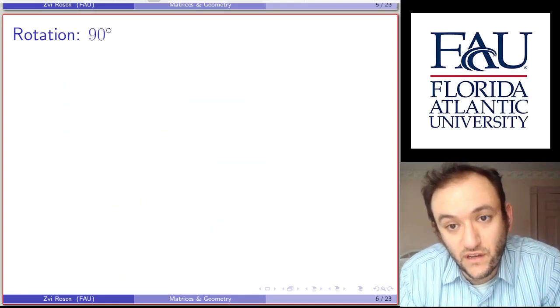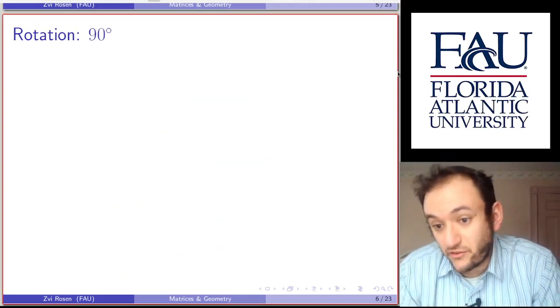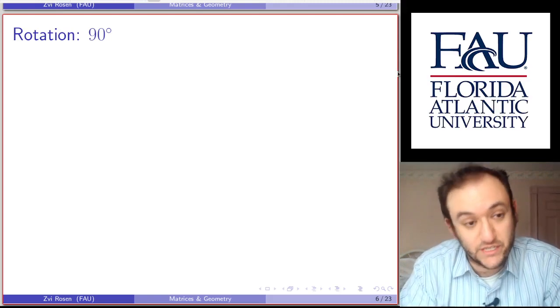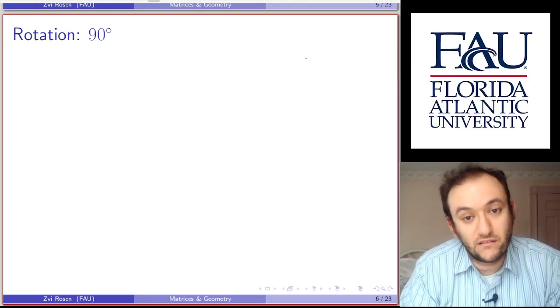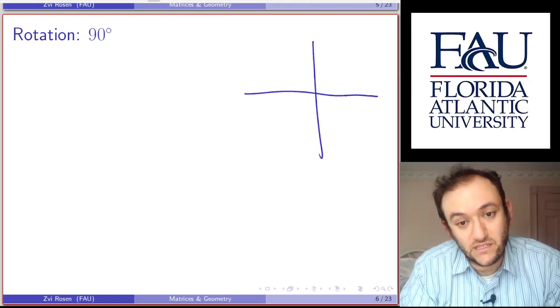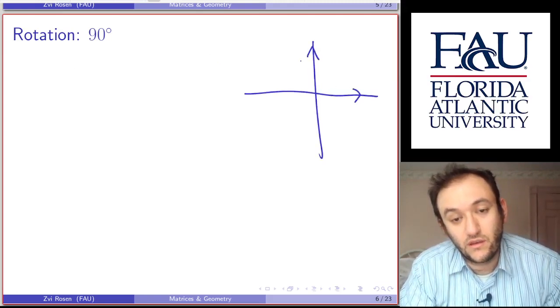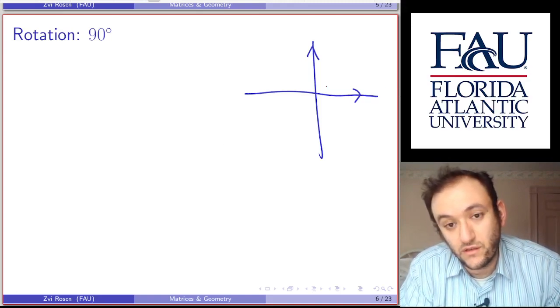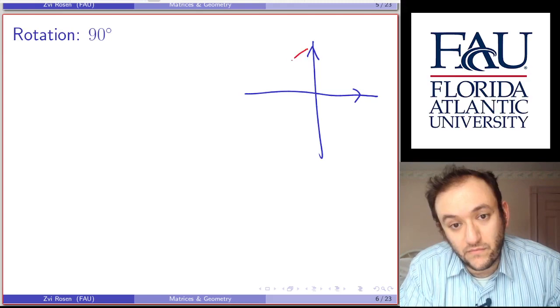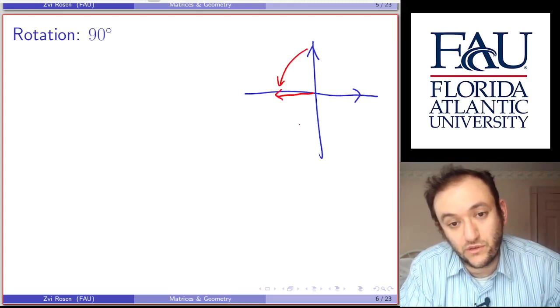Okay, so we've talked a lot about reflection. Now let's go to another natural geometric operation, which is rotation. So let's say I have my standard basis vectors, e1 and e2, and I want to rotate them by 90 degrees. Okay, so this is where e2 goes, and this is where e1 goes.